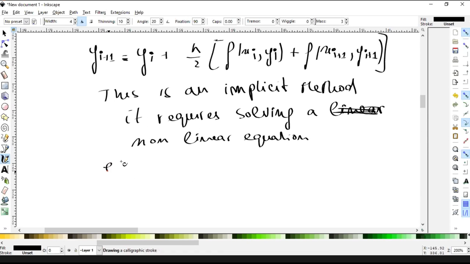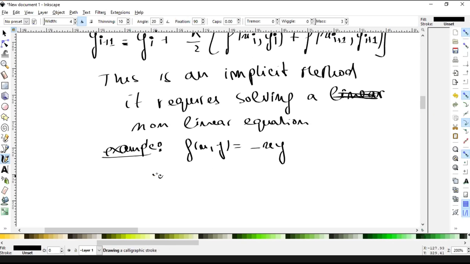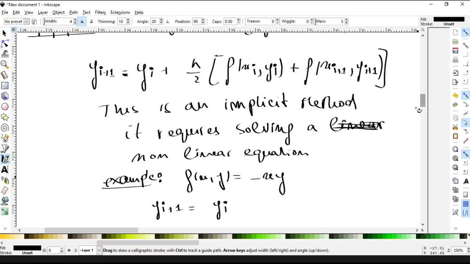For example, let's say that f of x, y is minus x y, that you considered before. Here you get yi plus 1 is equal to yi plus h over 2 times xi yi plus xi plus 1 yi plus 1.